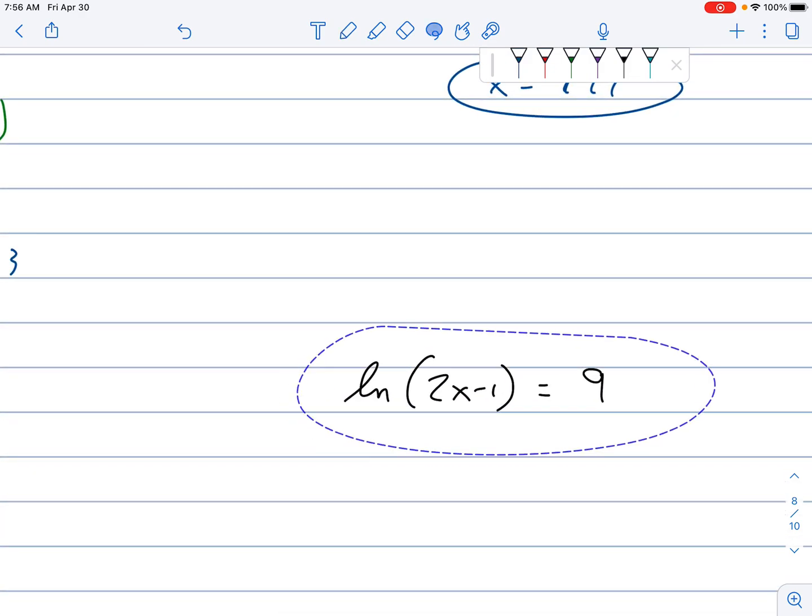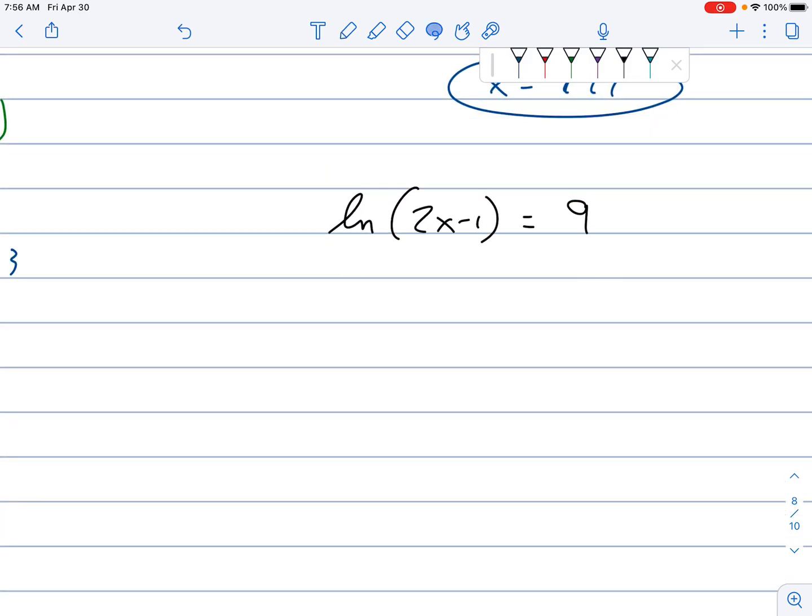Now the next one over here. ln means base e, but I want to get what's inside. So I'm going to take e and make that the power on both sides. Because this is a natural log, e to that, and the ln and the e cancel. 2x minus 1.